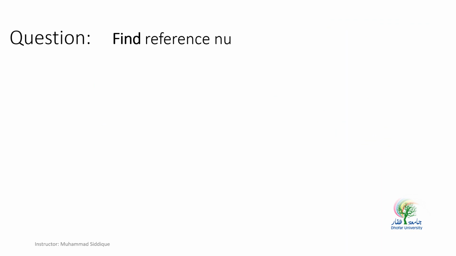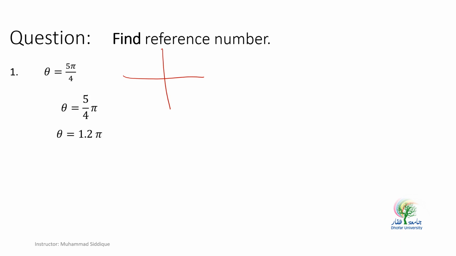We have some questions. Find the reference number of the angle 5 pi by 4. First, as I told you, we have to find where the angle is. 5 by 4 is coming 1.2. Where is 1.2? We start from 0; this is half, this is 1. 1.2 is here, so the angle theta is here.